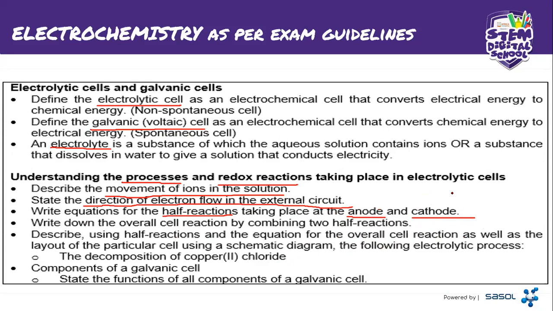And at the cathode, that is where you have reduction. So at the anode, you would then write the oxidation half reaction. And at the cathode, you would then write the reduction half reaction. And also being able to write down the overall cell reaction altogether.